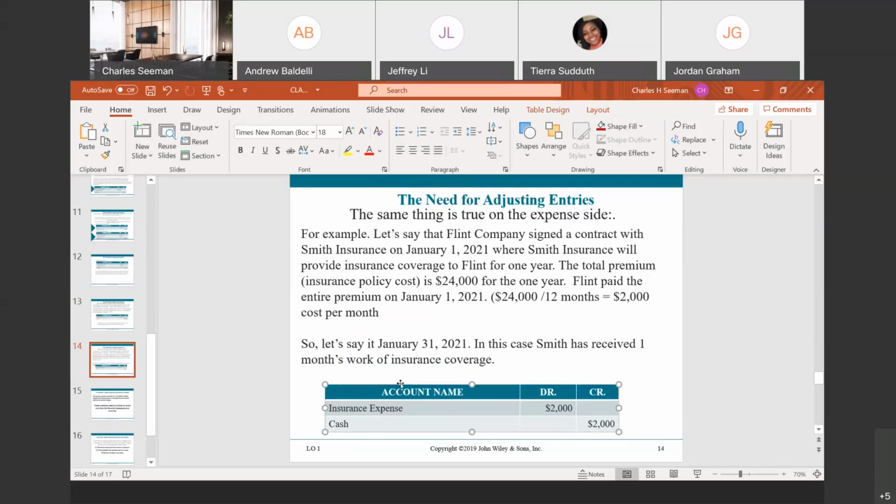So now part of it is not prepaid anymore. Part of it is used up. Month of January is used up. 1/12 of it is used up.